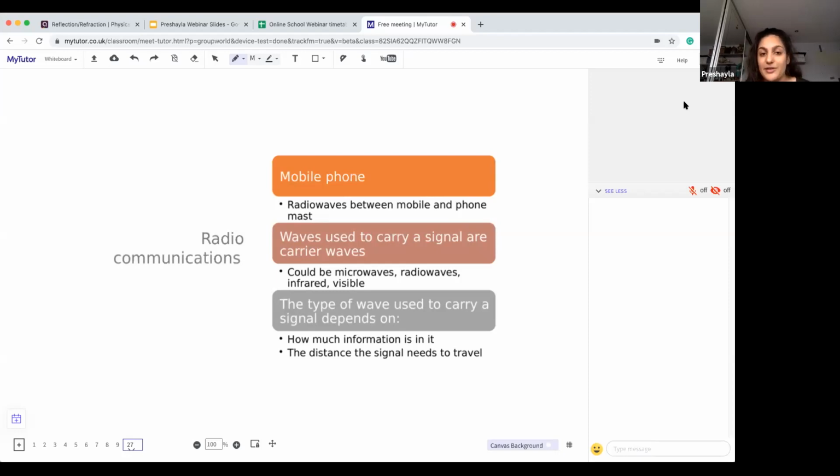Our mobile phones use radio waves between our mobile phone and a satellite, and this type of wave, which carries a signal, is called a carrier wave, and that could be microwaves, radio waves, infrared and visible. Choosing between them depends on how much information you have in your signal and the distance needed for the signal to travel.